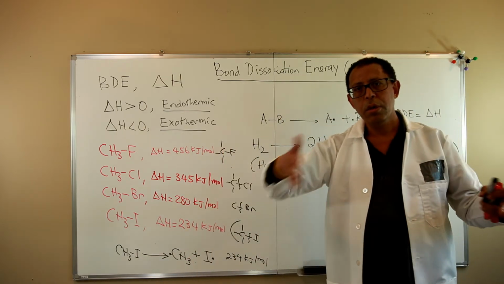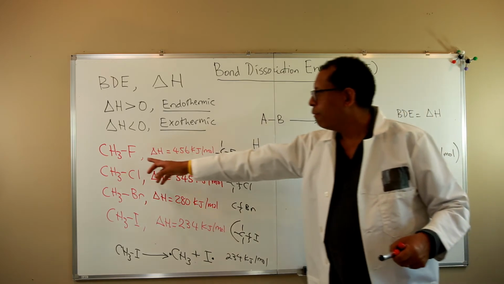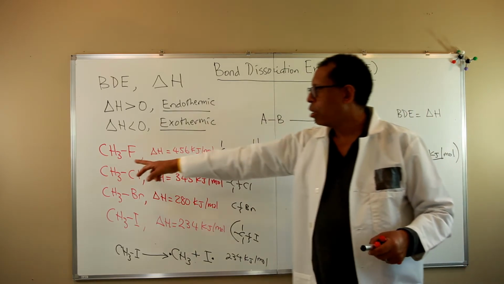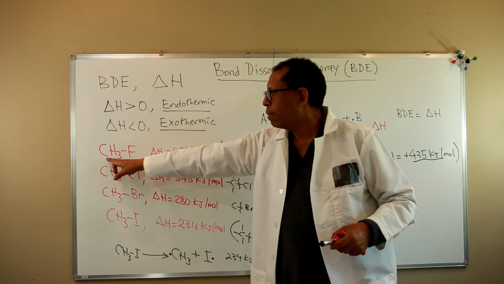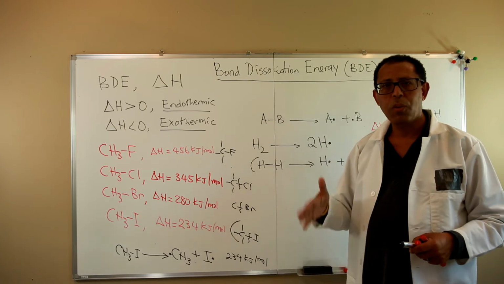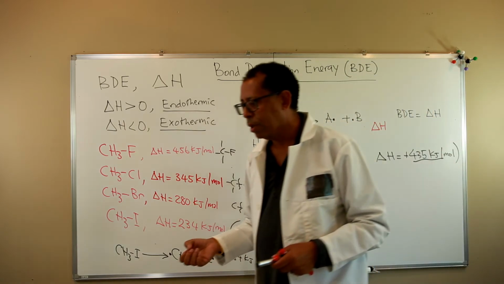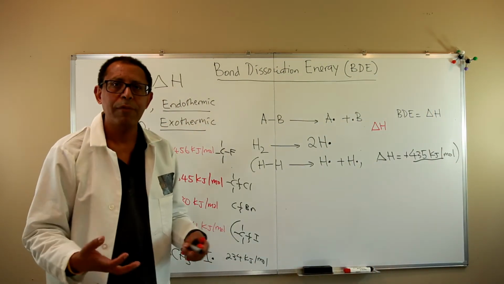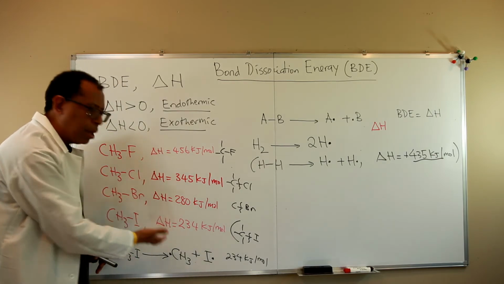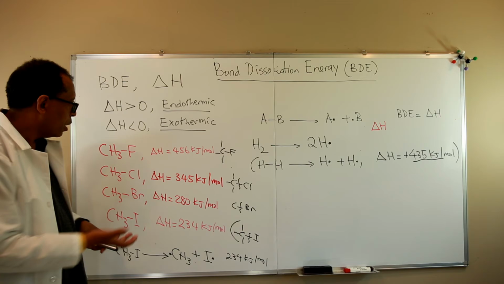Iodine is large, so it is easy to break. Fluorine is very electronegative, highly attached to the carbon. The carbon-fluorine bond is very strong. That's why it requires a higher amount of energy. You don't need to memorize, but rationalize based on numbers.